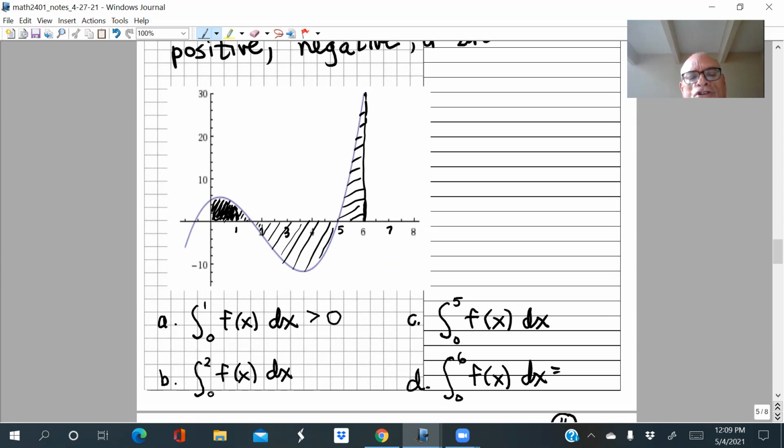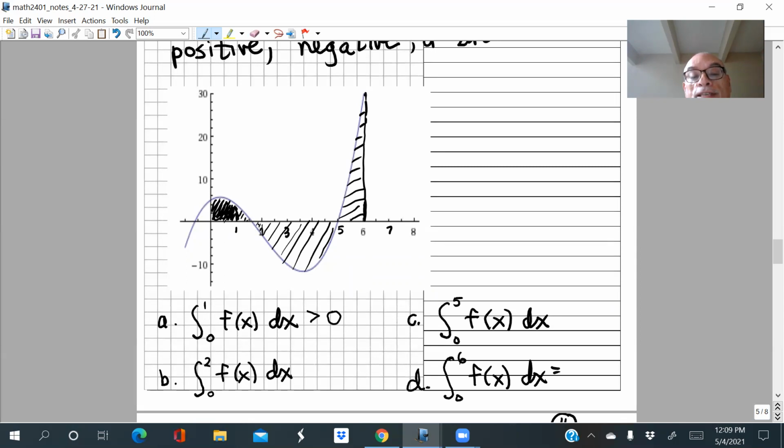All right, Van, now let's look at this one because this one's a little bit harder to figure out. So we want now the same curve, but from 0 to 2. So we want to start at 0, and now we want to go over to 2. Now notice that includes this positive part, right?